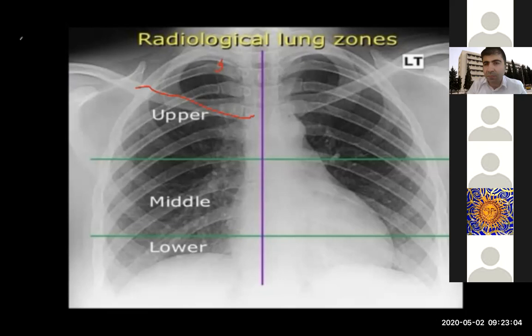For example, in this case, we have too many lytic lesions in the bone. We must not miss all these lytic lesions, the dark-colored lesions over the bone. In this case, we also have too many streaks of air, which is surgical emphysema.